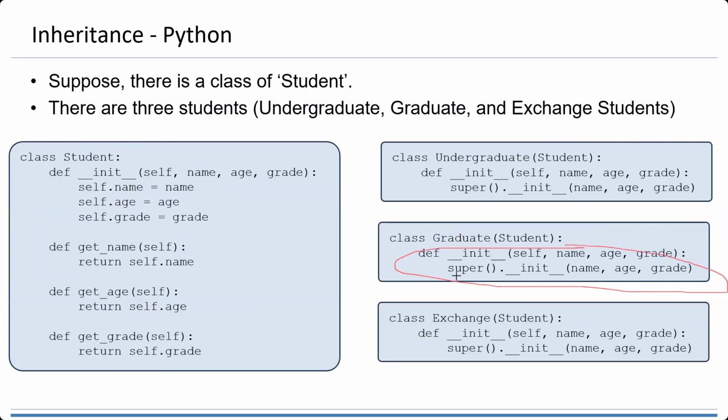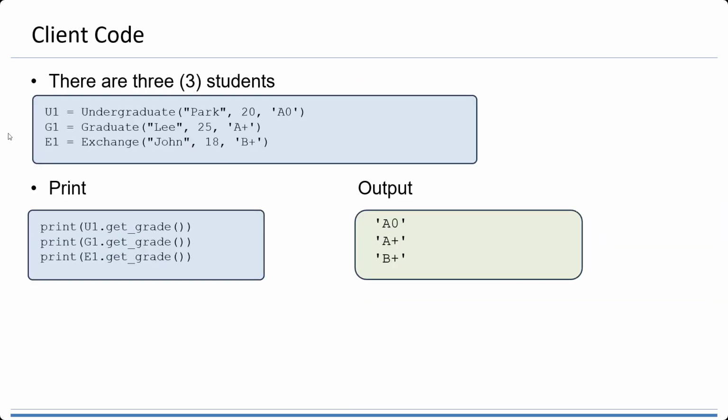So using the super, it means we construct the object based on the student class, and we inherit all the methods and all the data from the student class. The same with the exchange student, E1. The exchange student is also a class that inherits from student class. Then we can get any method from the student class.